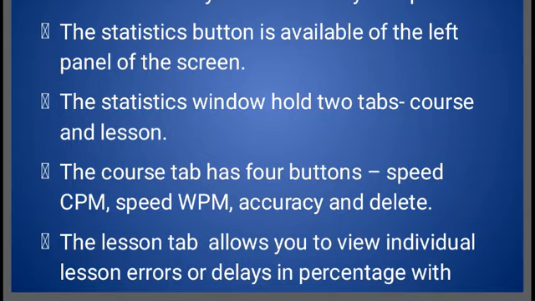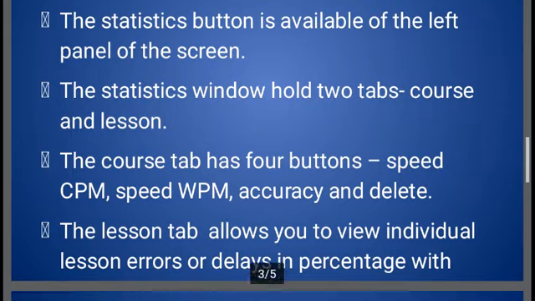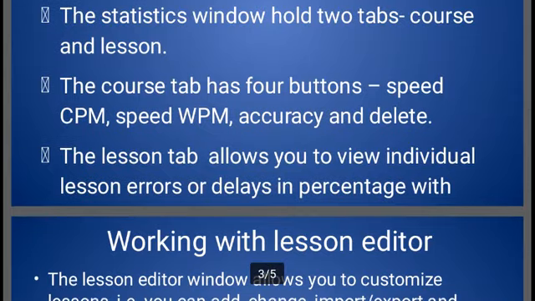So you always keep in mind, statistics window holds two tabs, course and lesson. The course tab has four buttons: speed CPM, means characters per minute, speed WPM, means words per minute unit, and accuracy and delete option.